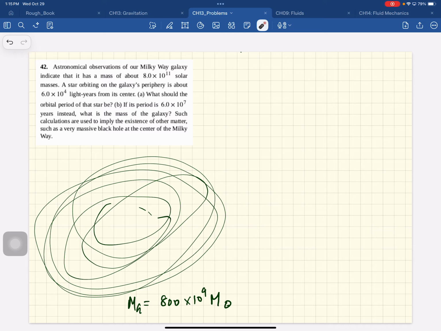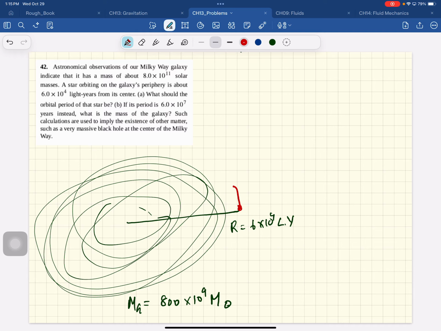A star orbiting on the galaxy's periphery is about 6 times 10 to the 4 light years away from the center. So the radius r equals 6 times 10 to the 4 light years. And so this star is going in a radius.